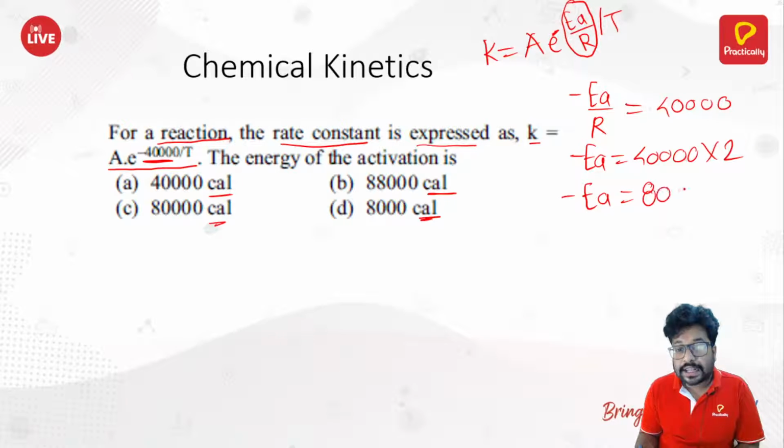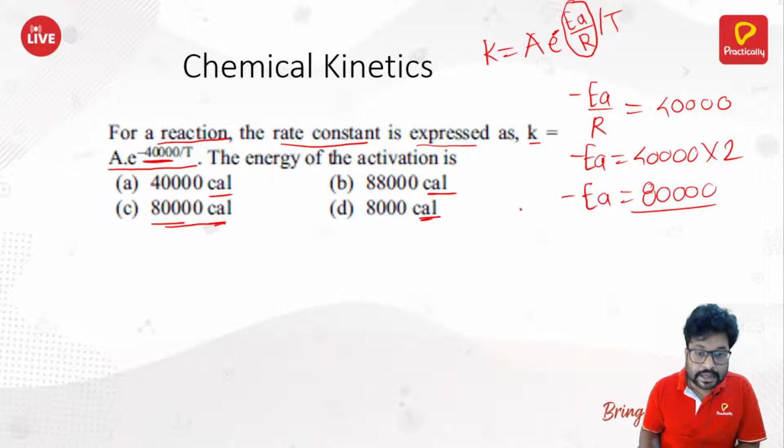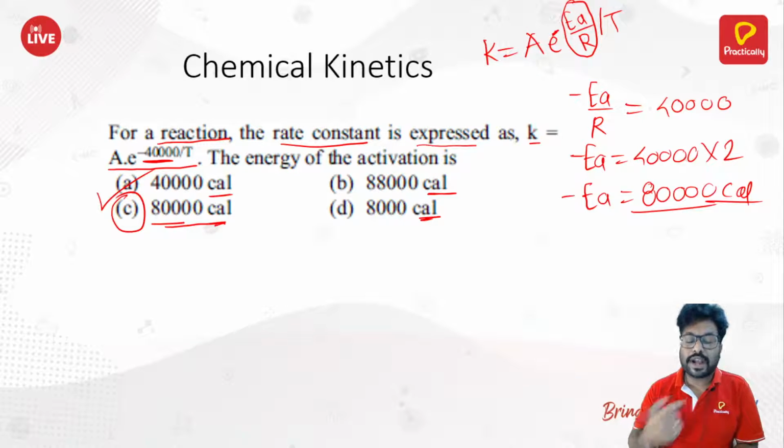It becomes 80,000. So what is our answer? 80,000 calorie is our answer, which makes option C the correct answer. Okay, that's the way you can solve this kind of questions. Okay, so moving ahead with this.